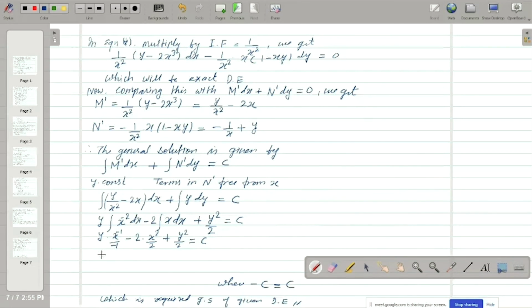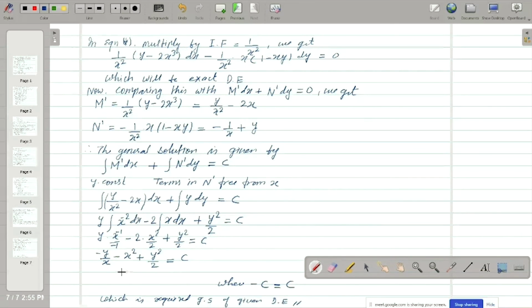So this can be written as negative of y upon x, and these two cancel, this becomes minus x square and plus y square by 2, which is equal to c.